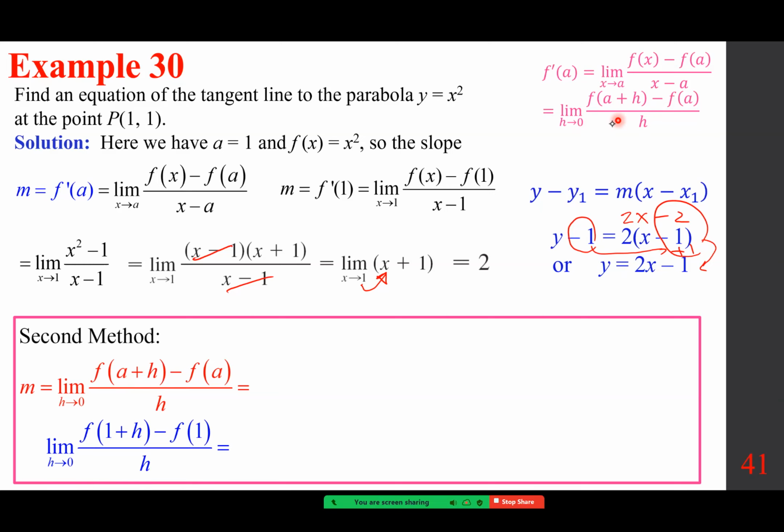And so we are going to plug 1 plus h into the function y equals x squared, and it becomes 1 plus h squared. f of 1, we already know to be 1. Now we are going to square this: 1 plus 2h plus h squared.